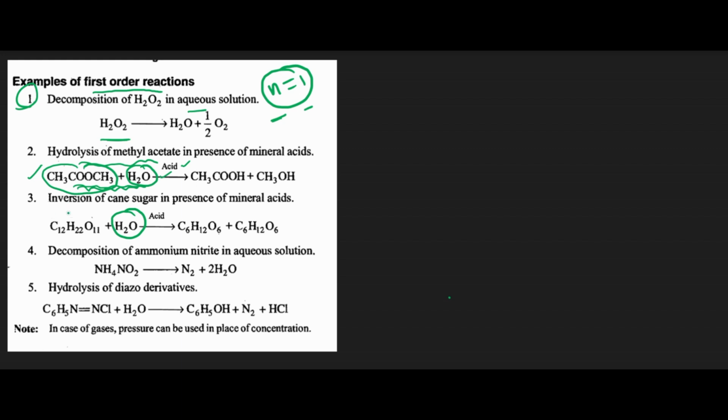Another example of a first order reaction is inversion of cane sugar. Similarly, decomposition of ammonium nitrite into N2 and water. And last but not least, hydrolysis of diazo derivatives: benzene diazonium chloride undergoes hydrolysis to give phenol and nitrogen gas.